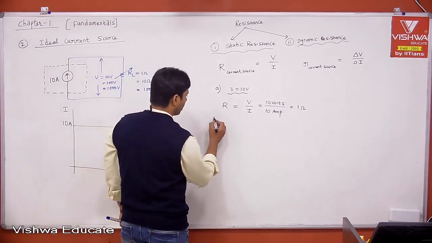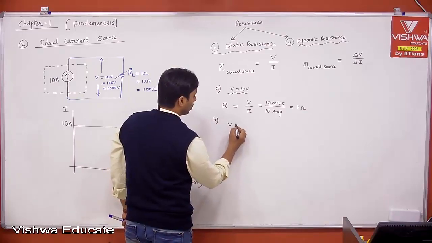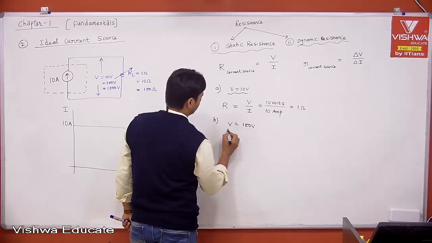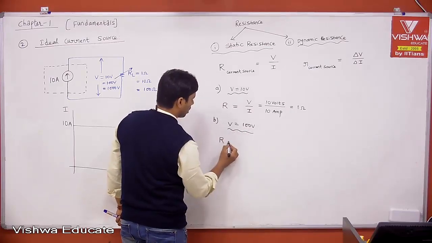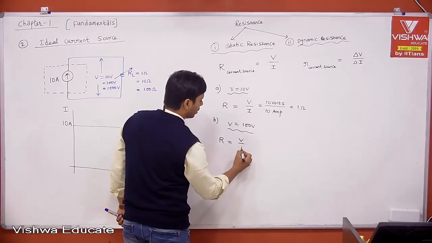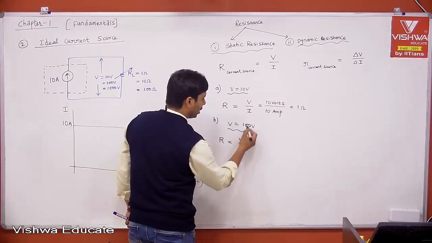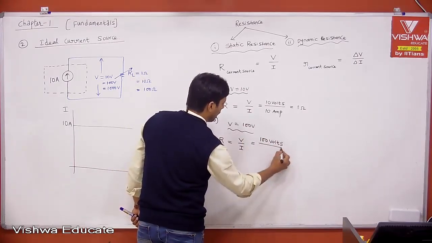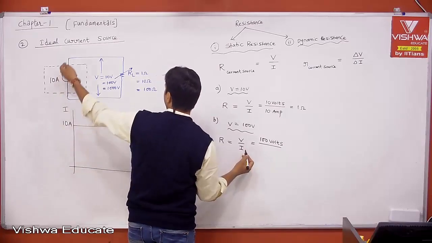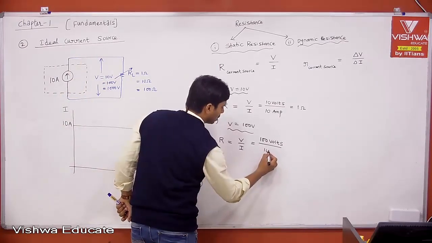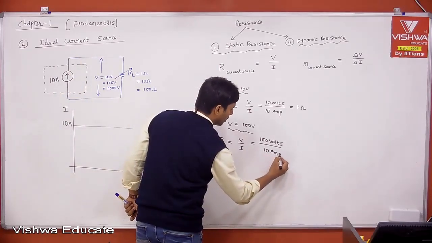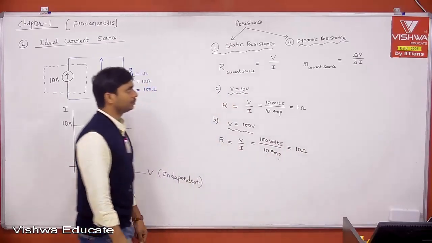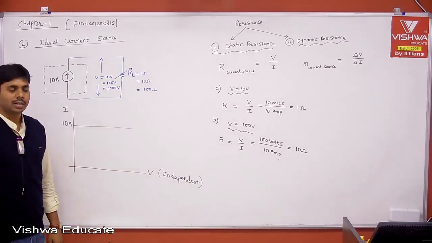Now, case B, voltage is 100 volts. What is R? The definition is V by I. What is V? 100 volts. And what is I? The current you are drawing from your current source. That is 10 ampere. Therefore, this value is 10 ohm. Right?